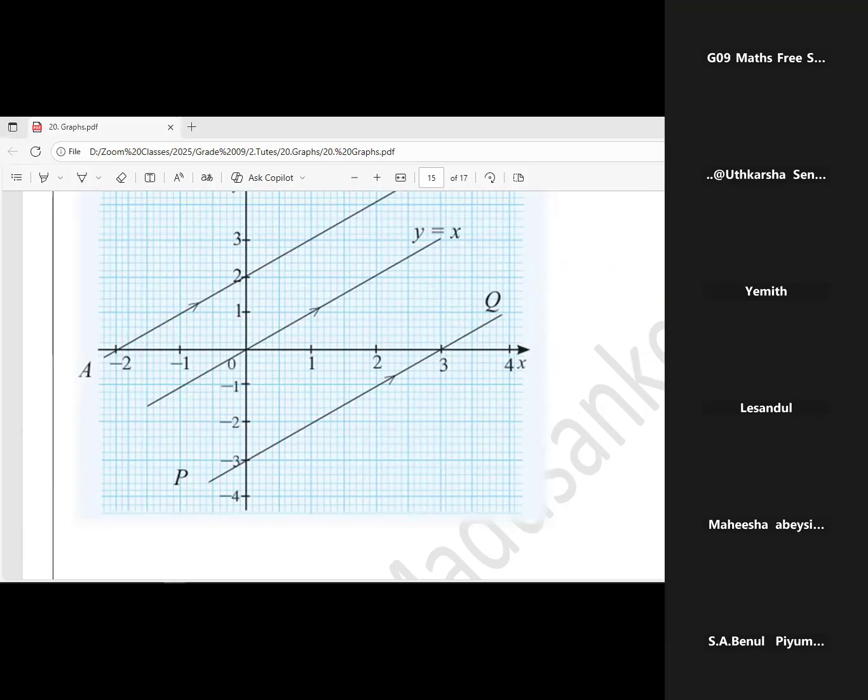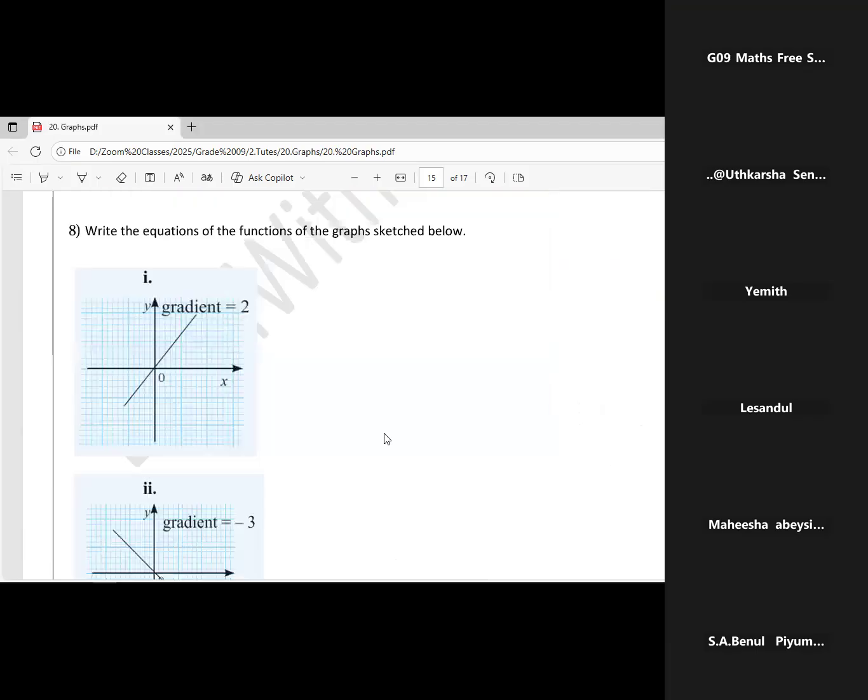Write the equation of the function of the graph sketched below. They have given you the gradient. What is called the gradient? This is equal to m. So this graph is of the function of the form y equals mx.